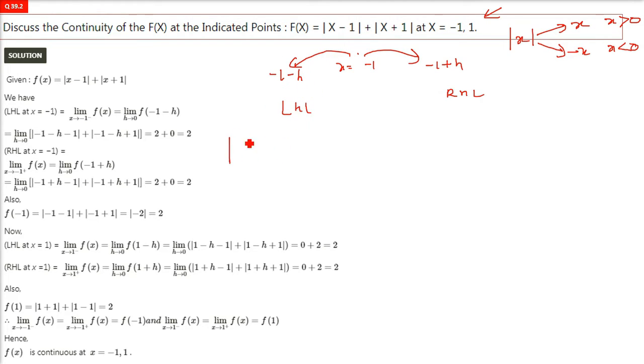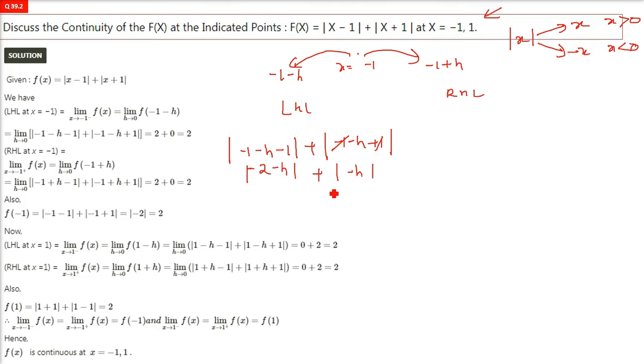In place of x, just replace it by -1 minus h, and there is -1 already, plus in place of x again -1 minus h, and +1 is already there. -1 minus 1 is -2, so -2 minus h it will be, and the -1 and +1 you can cancel out.